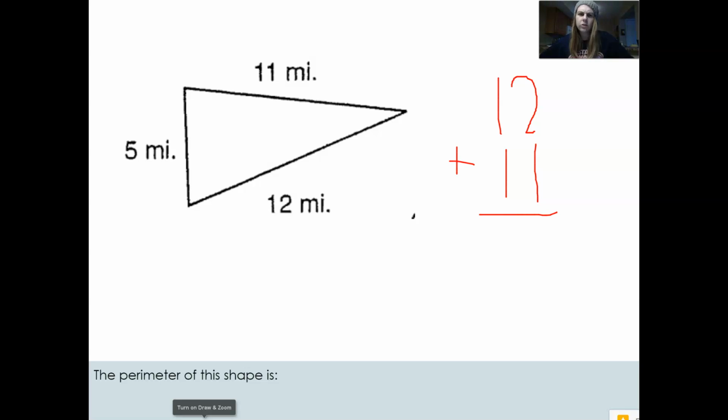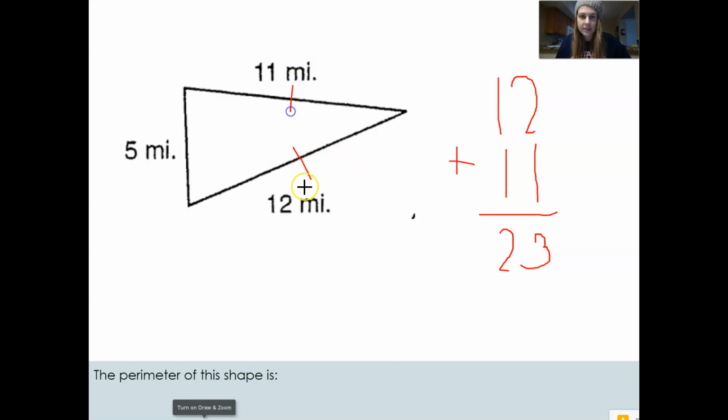Go ahead and get out that scratch paper or that whiteboard, whatever you use to take notes, and let's practice this one as a group. I'm going to start with my two largest numbers. That's how I prefer to add multiple numbers, is get my difficult numbers out of the way, add my easier numbers last. So I'm adding 12 plus 11. 2 ones plus 1 one is 3 ones. 1 ten plus 1 ten is 2 tens.